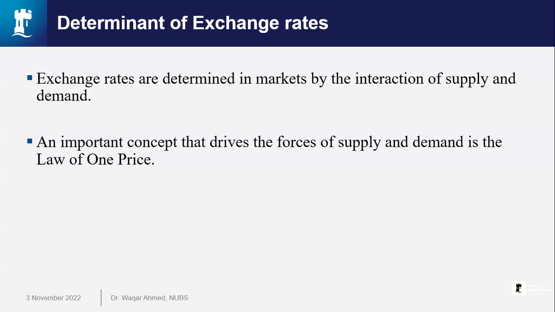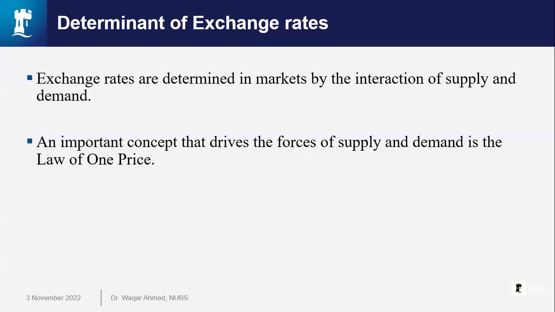Okay, so what determines the exchange rate, right? One of the things we have already looked at is that your currency can either appreciate or depreciate, and appreciation or depreciation means a different exchange rate, right? So what are the factors that affect these exchange rates?